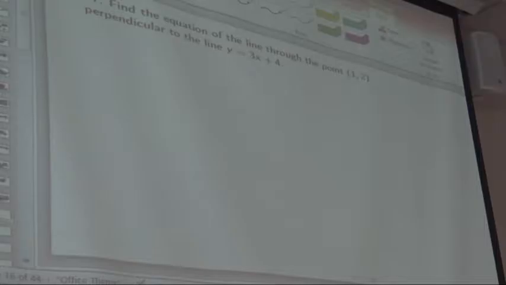Yeah, I agree. And we're going to find the line equation, and one point is given, and it is perpendicular to the following line. So perpendicular means for this kind of slope, m is 3, and we're going to find the slope m1 for this new line.